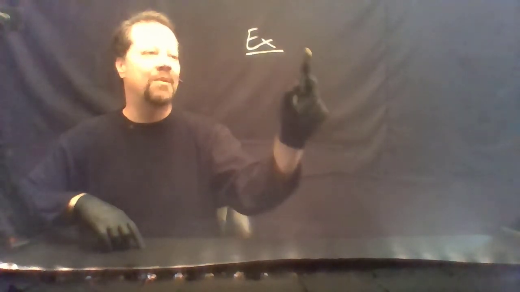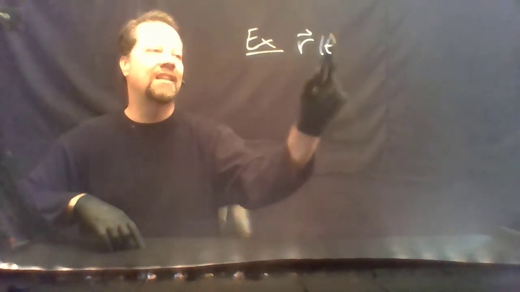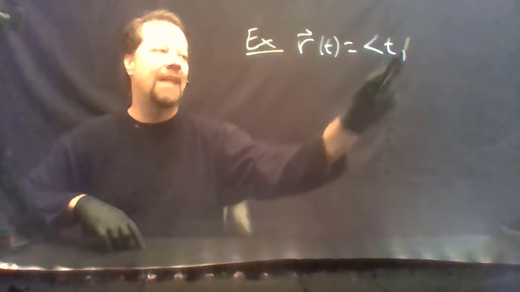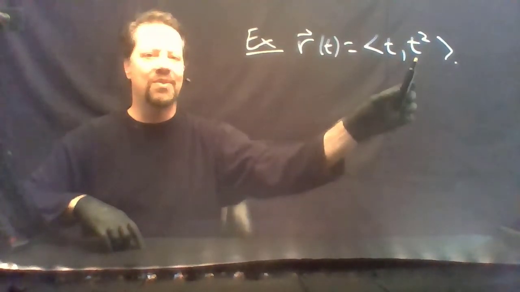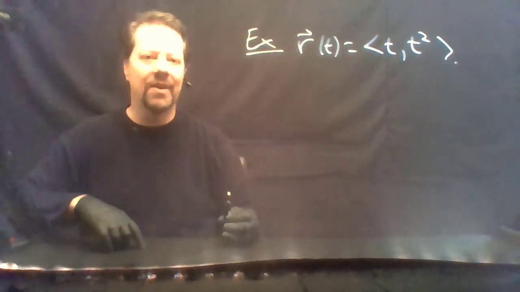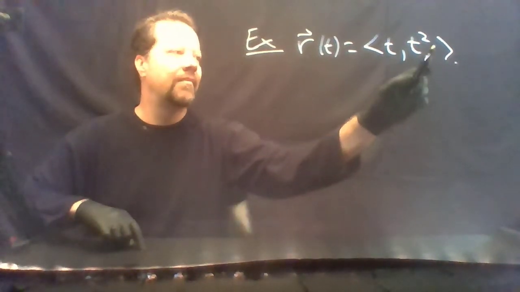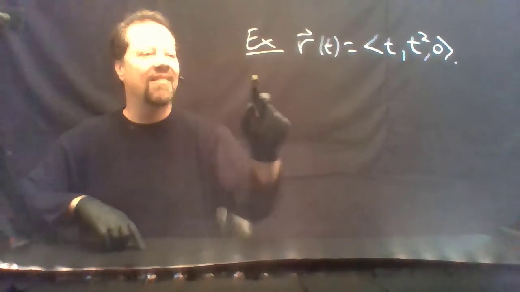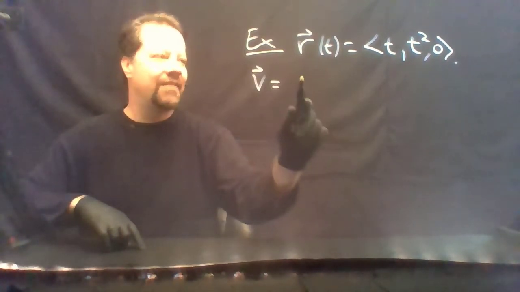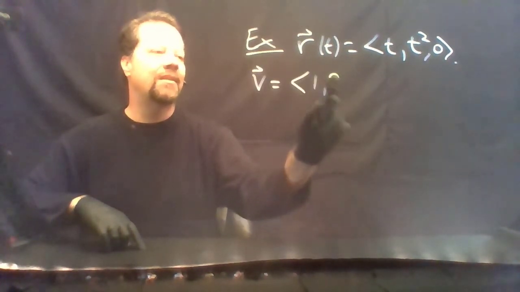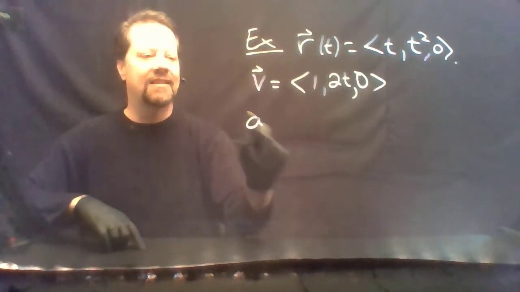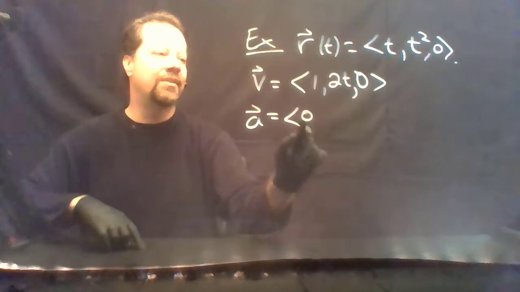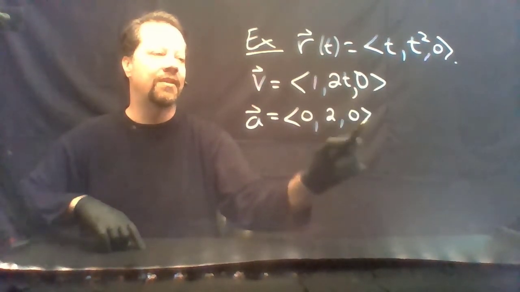For a simple example, let's suppose r of t is the parabola t, t squared. We'll assume that the third coordinate is 0, if you will. The velocity then is 1, 2t, comma 0, and the acceleration is 0, 2, 0.